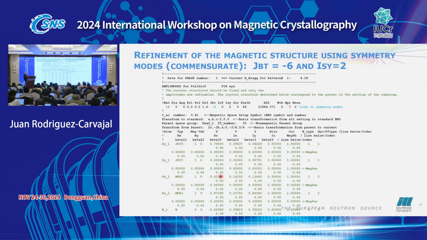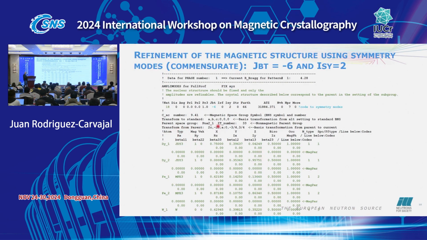And this is the output of isodistort for FullProf, and you see here that what informs the program that we are using symmetry mode is JBT equal to 6 here. Code of symmetry modes. And here you have for the parameter 66 is the total number of amplitudes we have. Displacive and magnetic. And here this is the aspect of the standard structure.